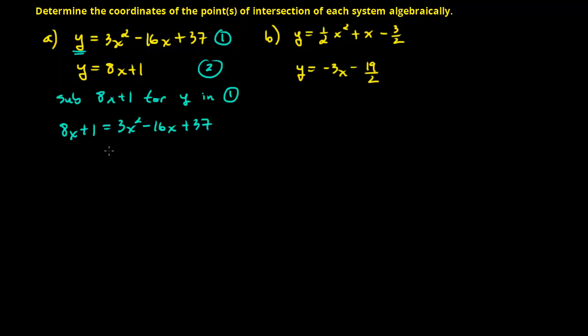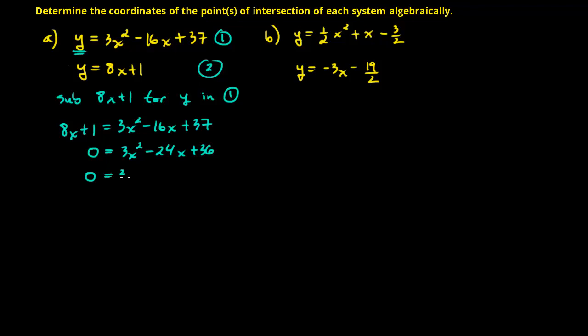So I can solve this quadratic equation. If I rearrange this equation and write it in standard form, I get 3x squared minus 24x plus 36. Now you can solve this by factoring, but the first thing to note is that there's a common factor, because 3, negative 24, and 36 are all divisible by 3.